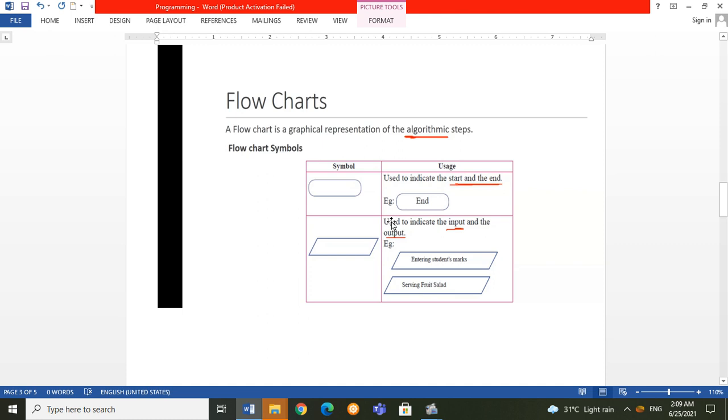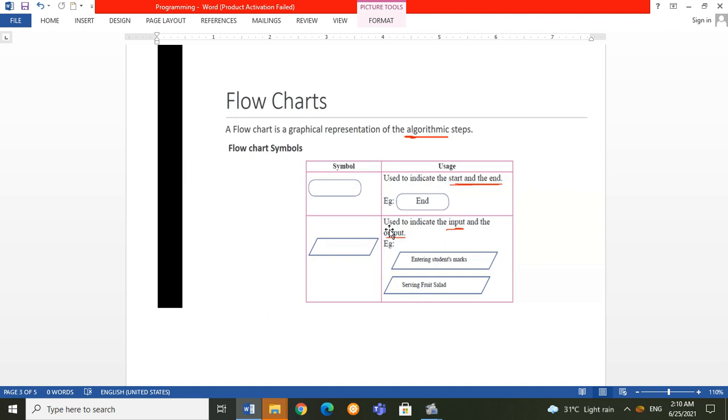You have learned this many times, even when you were in grade 6 and 7 classes, right? An algorithm is a step-by-step procedure, or an order of the procedure.